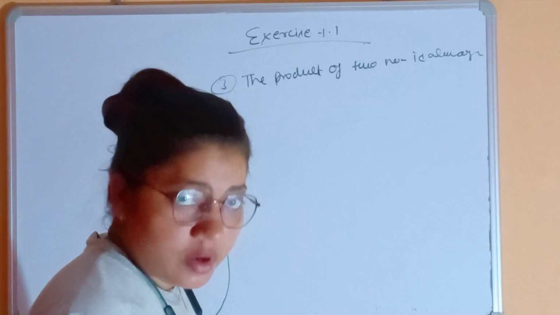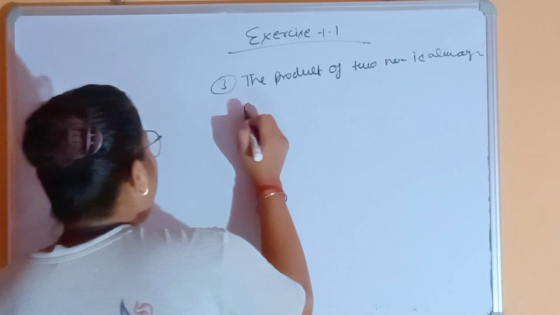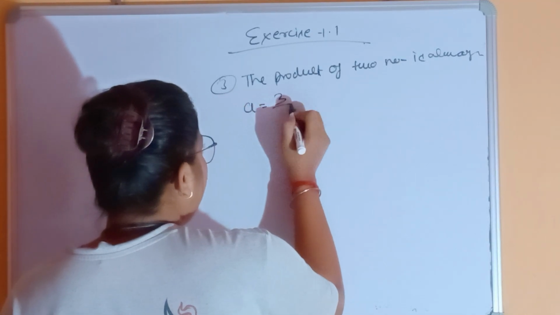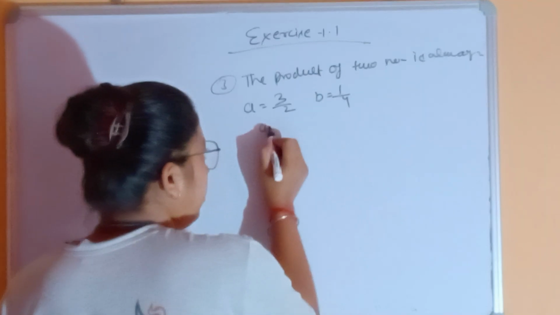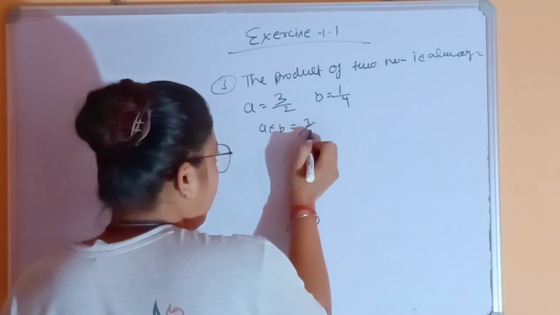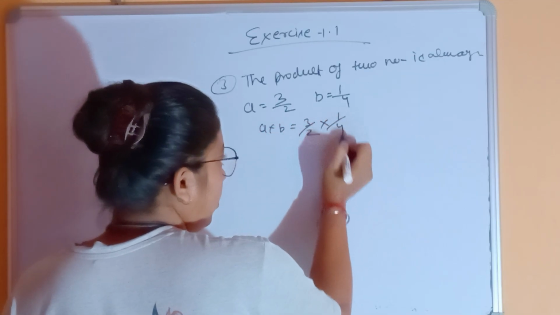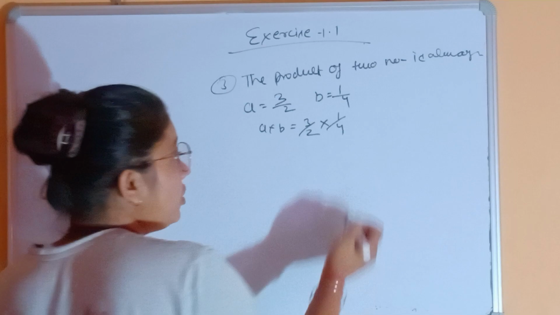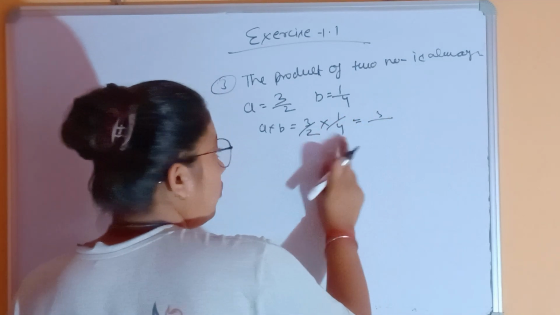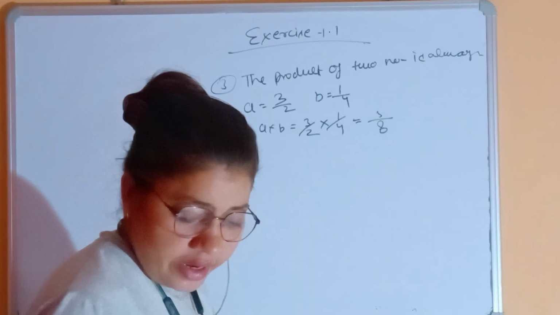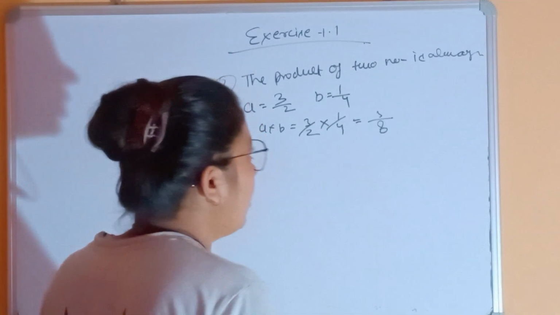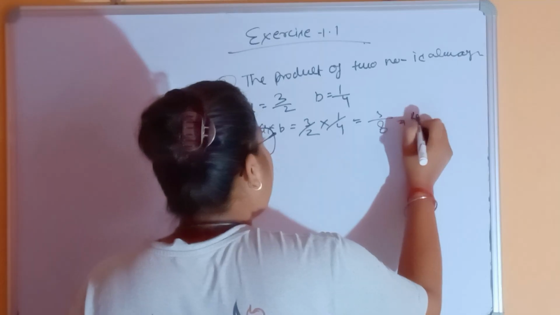Here we discuss from examples. Let a be 3 by 2 and b be 1 by 4. Then a into b is 3 by 2 into 1 by 4. Here 3 into 1 is 3 and 2 into 4 is 8, so 3 by 8, which is a rational number.